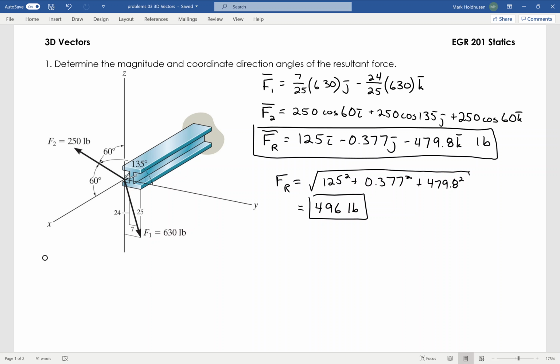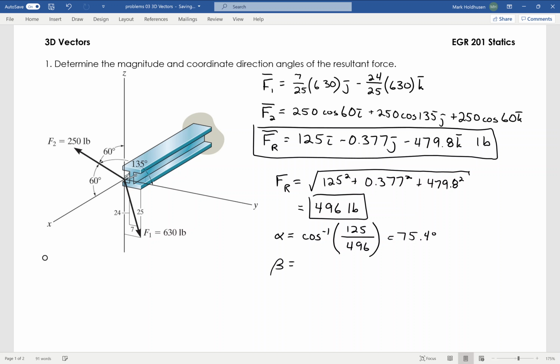But just like above, when we blindly put cosine, we just blindly use the inverse cosine on this as well. So alpha is going to be inverse cosine of 125 divided by 496. It's basically the x component over the magnitude, and that gives me 74.5 degrees.